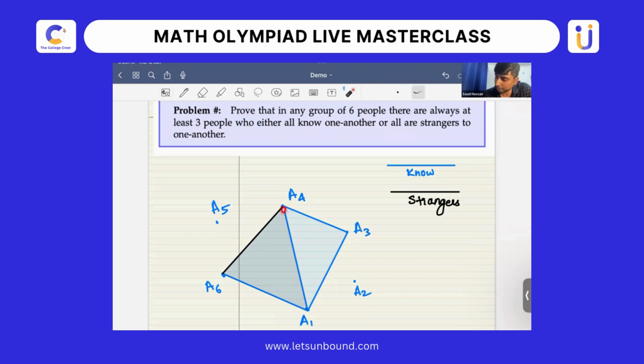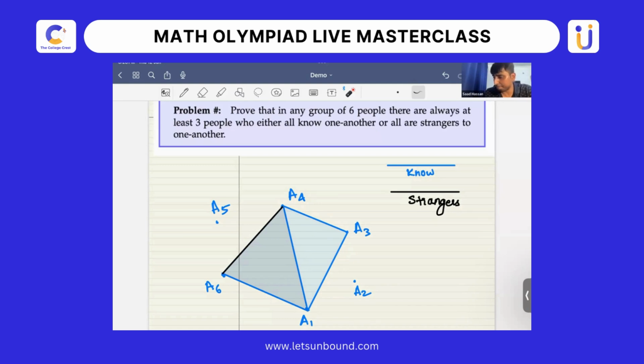Look at this triangle. Since this is a triangle of all blues, it means that these 3 people all know each other. A1 knows A3, A3 knows A4, and A4 knows A1. And we have proved the proposition as we set out to.